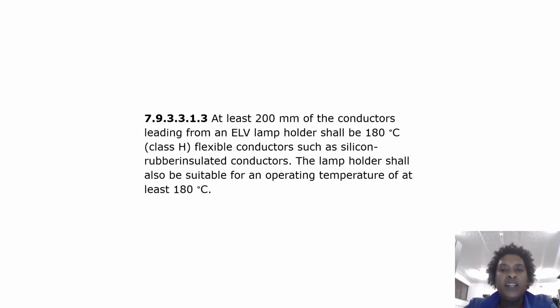At least 200 mm of the conductors leading from the ELV lamp holder shall be 180 degrees Celsius class H flexible conductors such as silicon rubber insulated conductors. The lamp holder shall also be suitable for an operating temperature of at least 180 degrees Celsius.